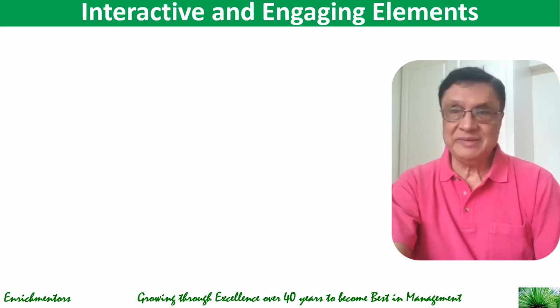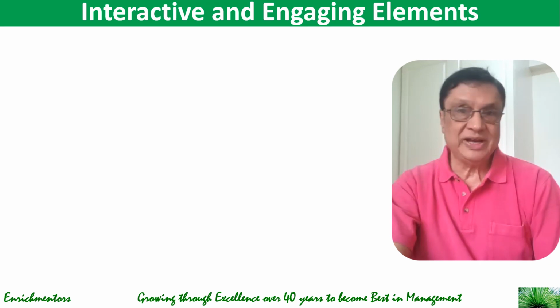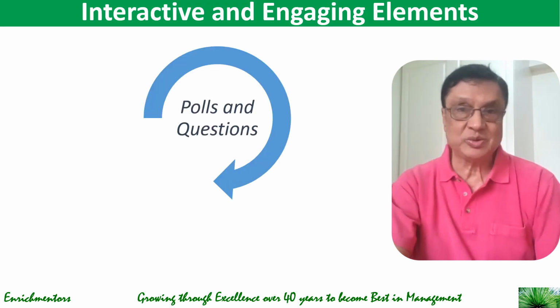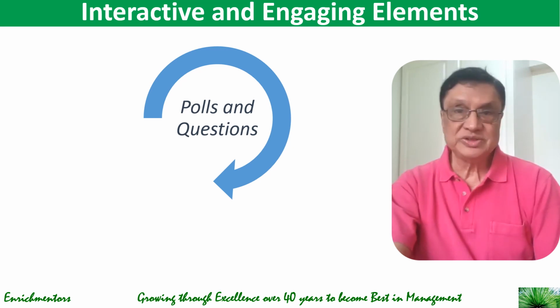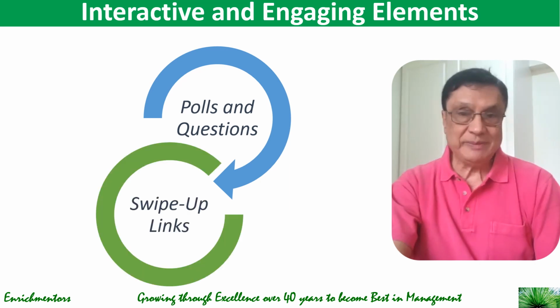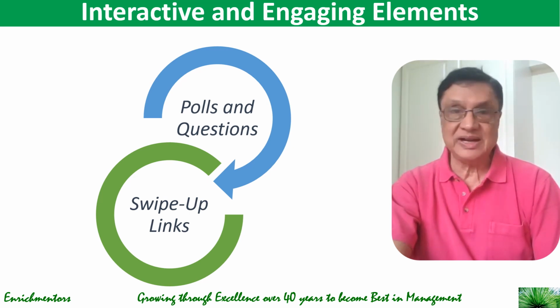Interactive and engaging elements is another thing you can do, using the two techniques we illustrate here. One is polls and questions, where you can use polls, questions, and quizzes to engage with your audience. Also, you can use swipe up links if available, depending on your account's features. You can use the swipe up links to drive traffic to your website, landing page, or product pages.